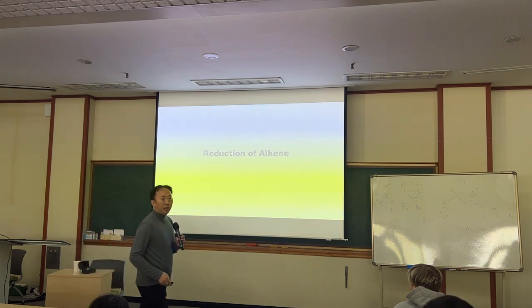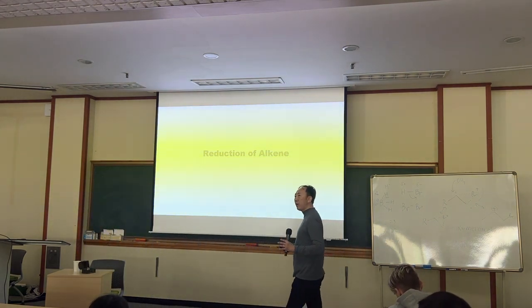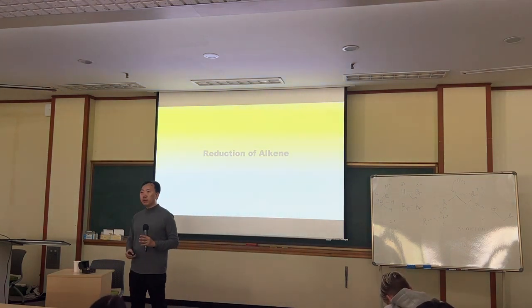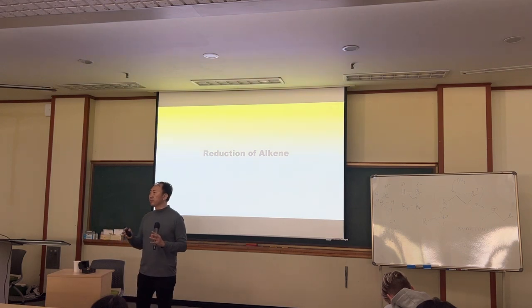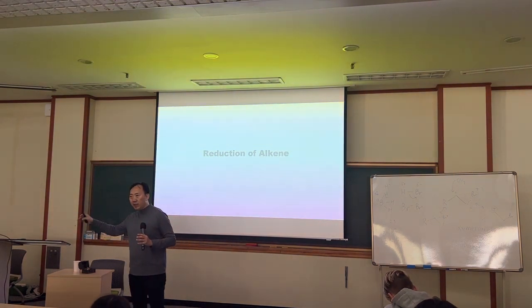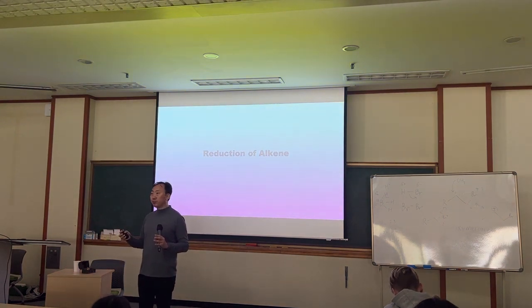Okay, let's do a little more. So far, until last week, we have learned the HX reactions, activated with the proton, and then X minus attacks. Carbocation stability was the issue. Or we can add water.